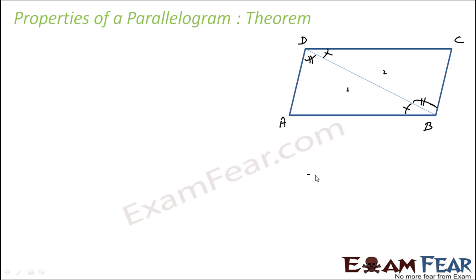Okay, now if you draw these two triangles, and use the congruency concepts which we have learned in the triangle chapter, we can see the angle DBC is in one triangle, and then I can say here BDA, because angle D is equal to angle B here, and angle B here is equal to angle ADB.